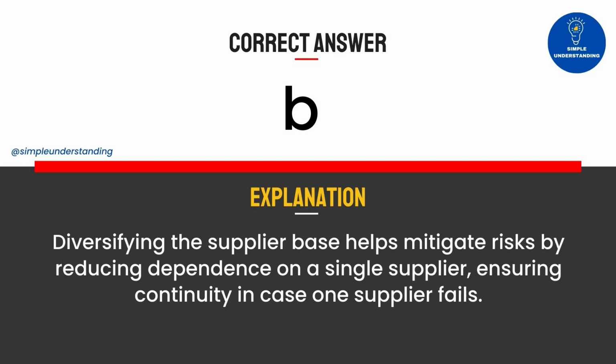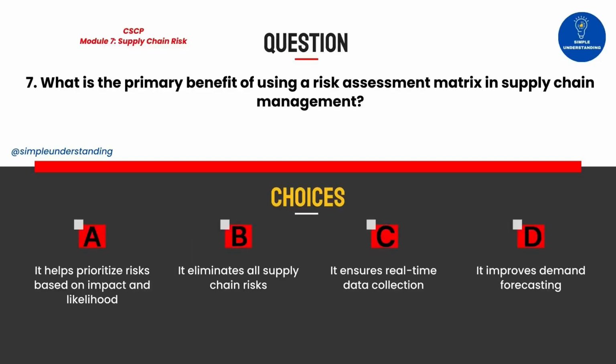Explanation. Diversifying the supplier base helps mitigate risks by reducing dependence on a single supplier, ensuring continuity in case one supplier fails. 7. What is the primary benefit of using a risk assessment matrix in supply chain management? A. It helps prioritize risks based on impact and likelihood.